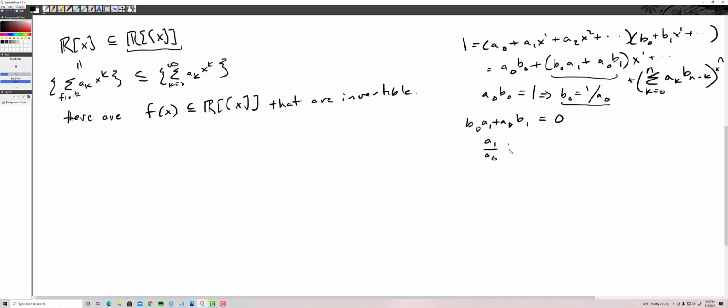I'm just plugging in b0. a0 b1 is 0, and now I can solve for b1, and so on and so forth. And I continue to do these equations using this formula here. Right? And I can solve for every single one of these b's.